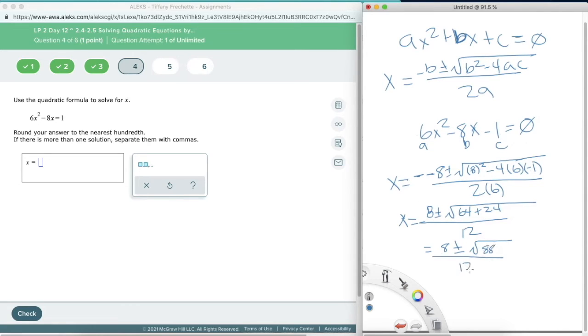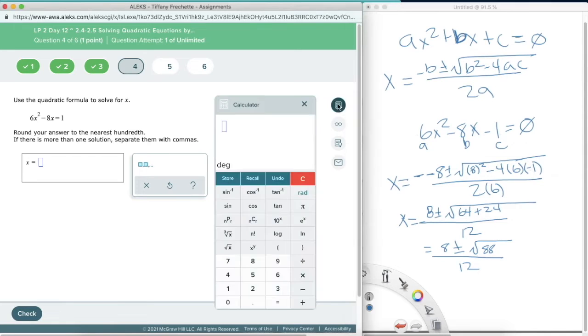All right, the next part here does say round to the nearest hundredth. So they do not want me to leave it in radical form. So I'm going to come back to my calculator here, and I'm going to go 8 plus the square root of 88. And I'm going to go ahead and hit equals, because if I don't put this in parentheses, if I just hit divided by, it's going to do something funny there. So if I hit equals and then divided by 12, then it'll show up correctly. And I want to go to the hundredth.